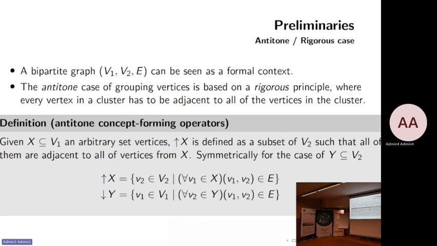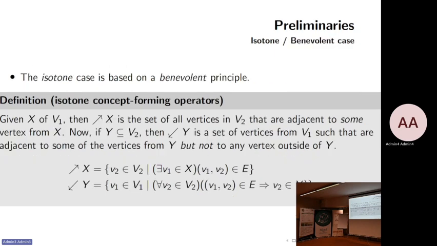This is the antitone version of the concept-forming operators, which were the original ones used by Bernhard Ganter and Rudolf Wille when introducing FCA. Then there is another one, the isotone, which is based on a different interpretation of the notion of concept we want to obtain.